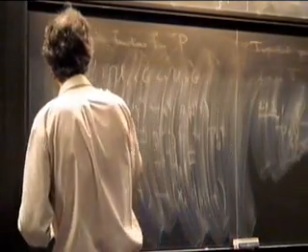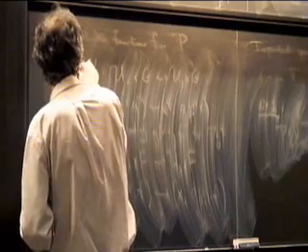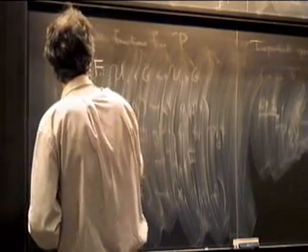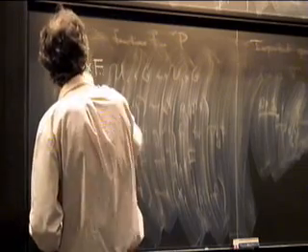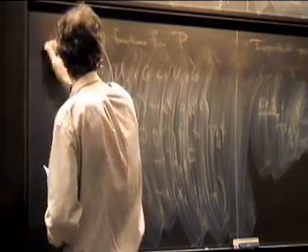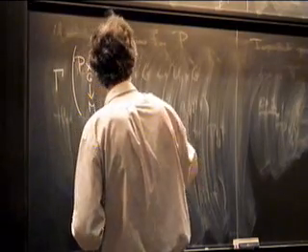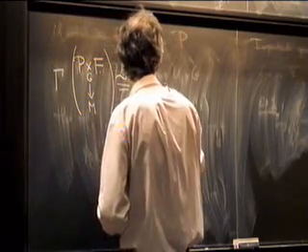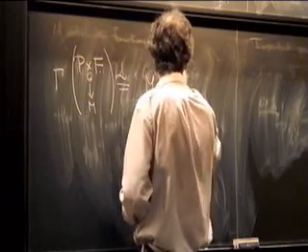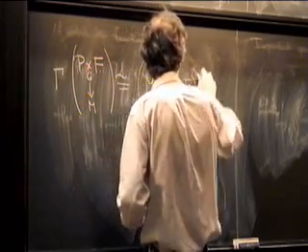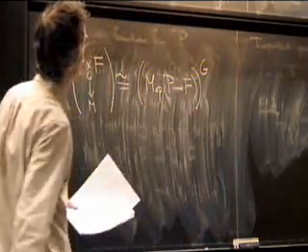So let me say that really slowly. So sections of P times G F, the associated bundle over M, so we're talking about the sections of this, is canonically identified with the space of maps from P into F, which are invariant under that right G action.